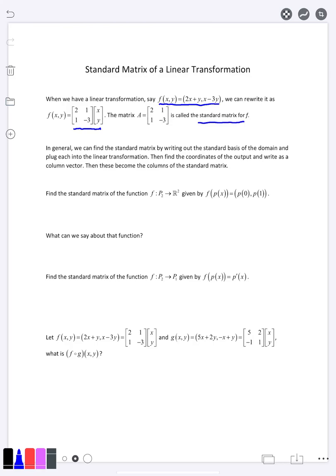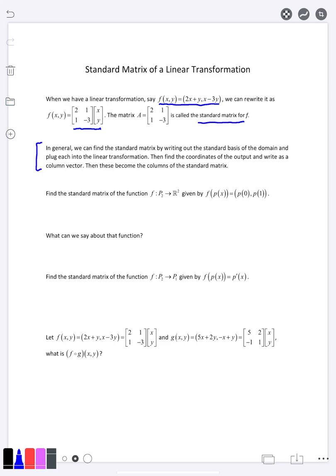But what if we have a linear transformation in other more exotic vector spaces? For example, a linear transformation whose input is a matrix and whose output is a matrix, or polynomials or functions. Turns out there's going to be a general procedure to find the standard matrix, which is described here.